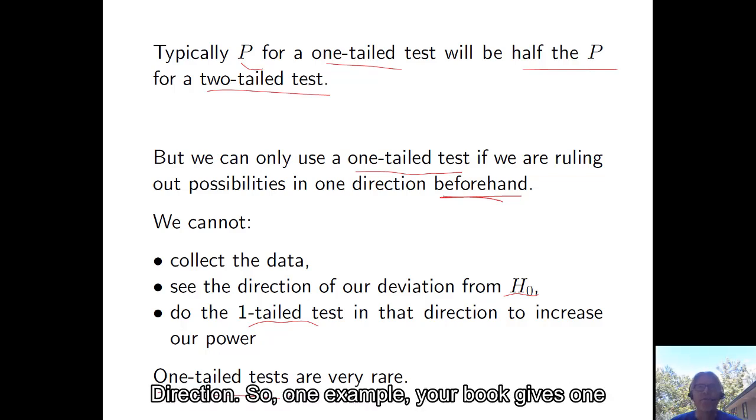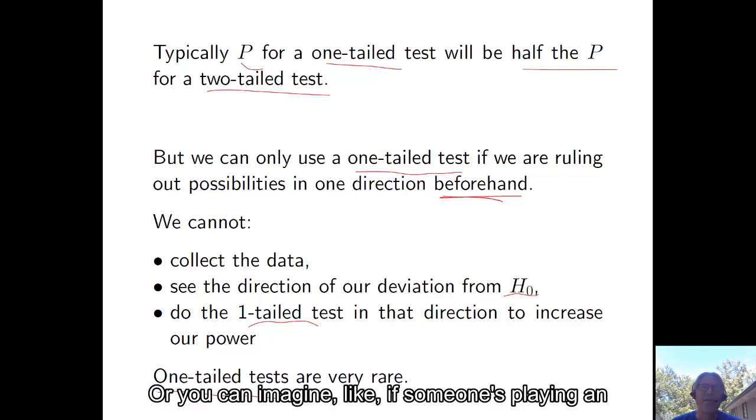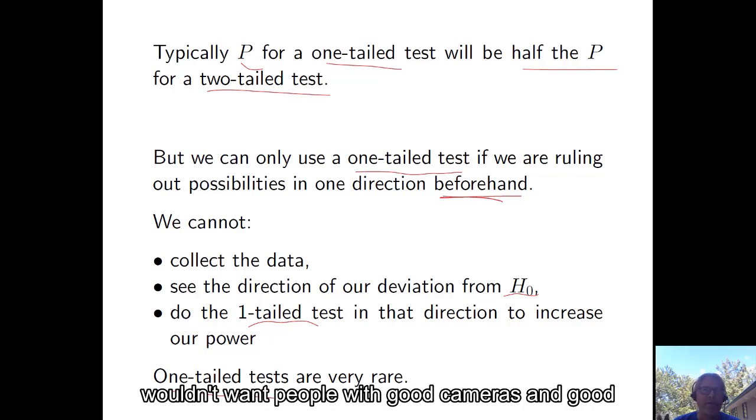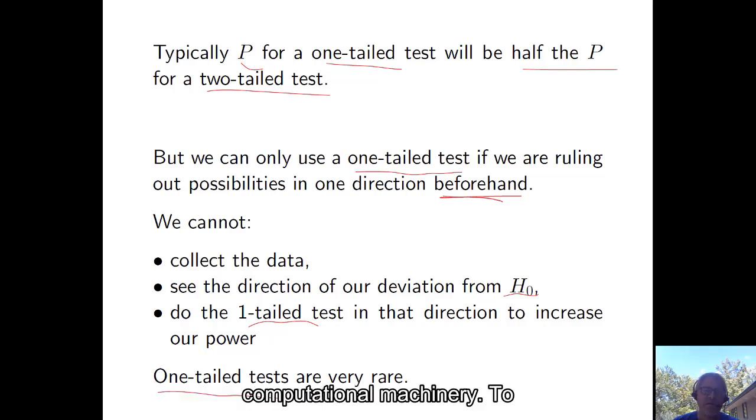One example, your book gives one about machines, or you can imagine someone playing an online game that involves flipping a coin, with video cameras watching, and they call the coin in the air. Well, we wouldn't want people with good cameras and good computational machinery looking at the coin in the air and using physics to estimate whether it's going to land heads up or tails up. We want the coin flip to be 50-50.